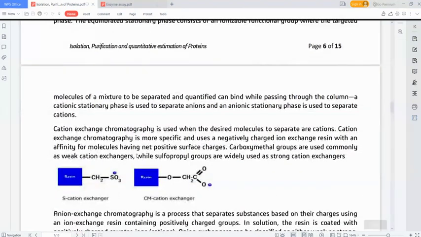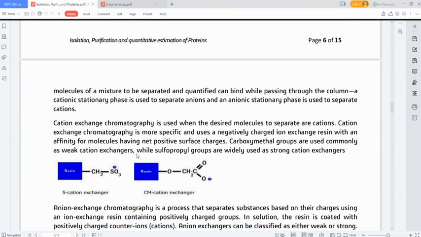In ion exchange, we have the cation exchangers and the anion exchangers. Cation exchangers are used to separate cations. Cations are positively charged, so cation exchangers themselves are negatively charged. When we use a negatively charged support, positively charged proteins get attached to the support, thereby eluting negatively charged proteins first.